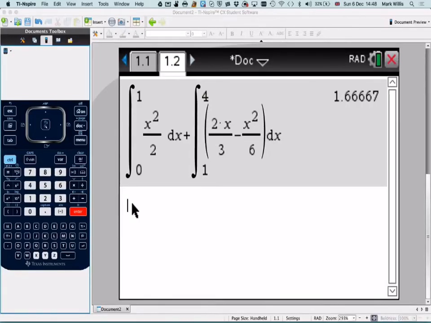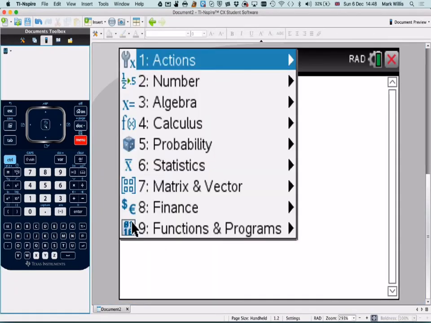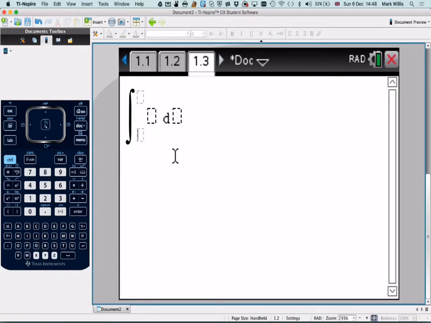So I'm just going to make a new screen here. So menu, calculation mode, and then menu, calculus, numerical integral, and then I want to do from 0 to 1 of x cubed divided by 2 x, and then add.